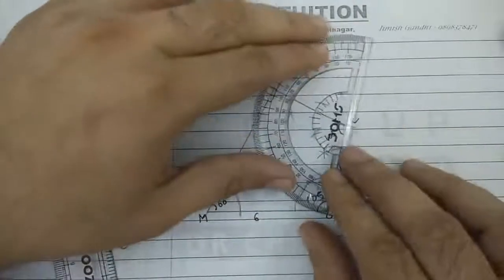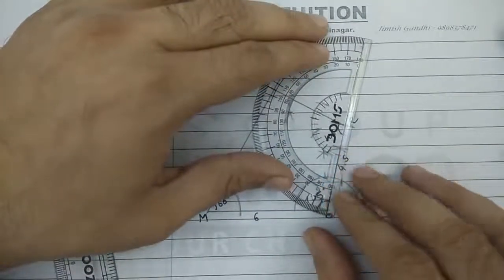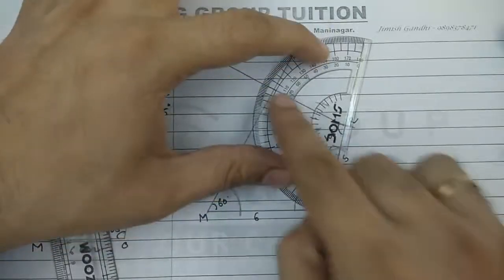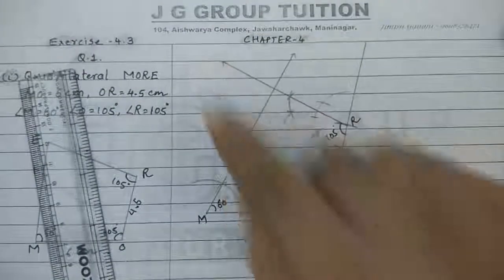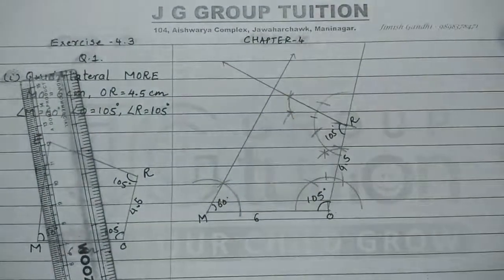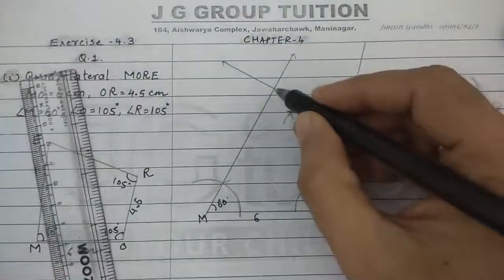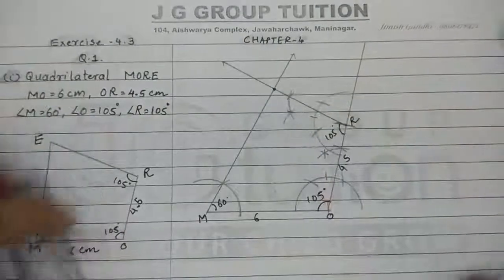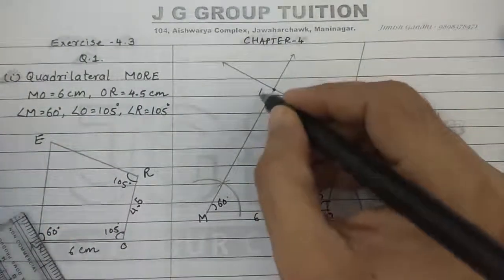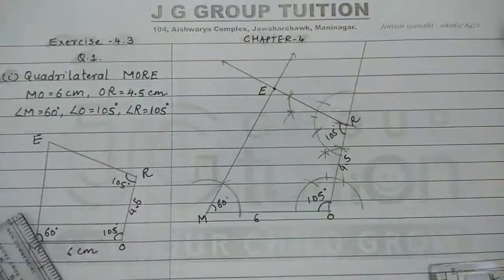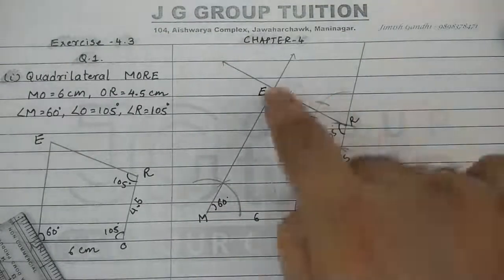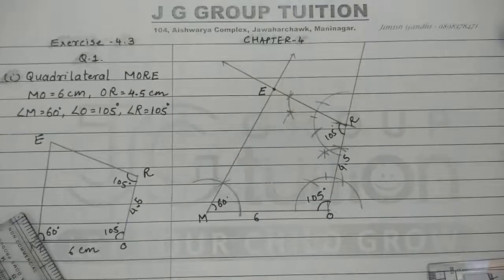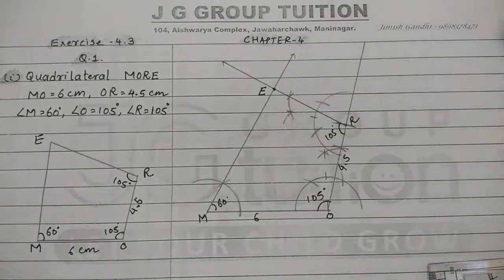This can also be 105 degree, as we can see here. Now both rays, this 105 degree and the 60 degree which we constructed here, intersect at this point, and let us name this point E. So you can see that this is the required quadrilateral MORE we obtain. You can see students, it is a very important construction. Thank you.